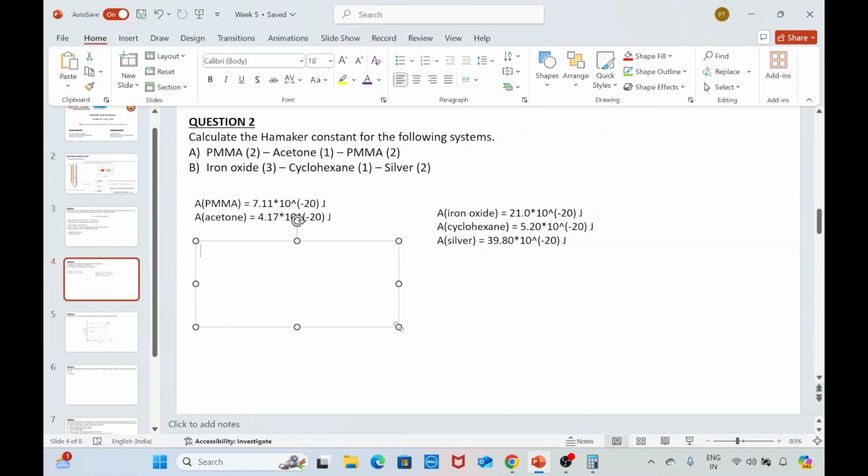So, what is the expression when two similar particles are separated by a medium? Anyone remember the expression? It's a very simple expression.